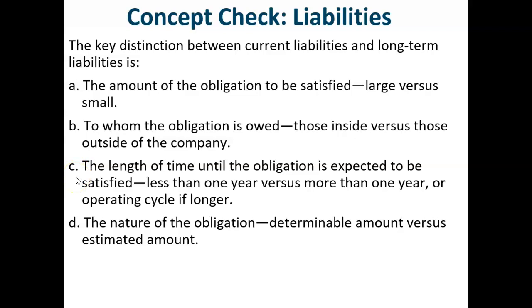C. The length of time until the obligation is expected to be satisfied, less than 1 year versus more than 1 year, or operating cycle if longer. Or D. The nature of the obligation, determinable versus estimated amount. Please pause the video and think about the question and choose your answer. Then start the video again to check your work.